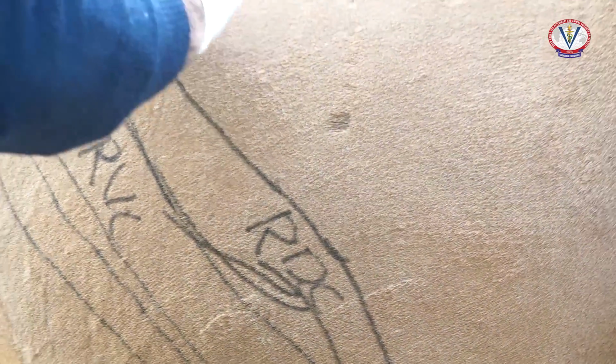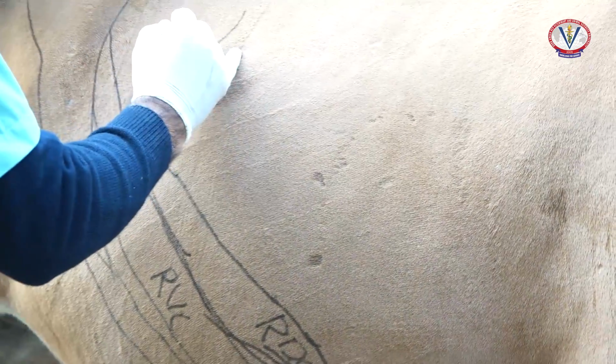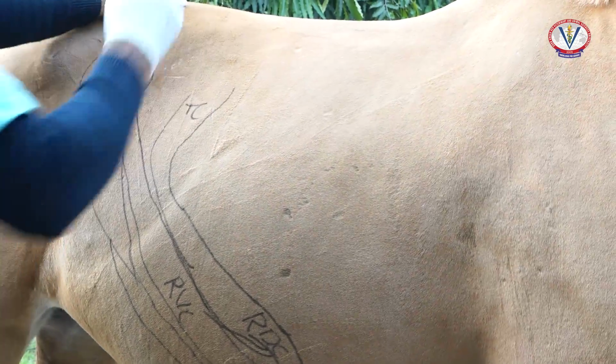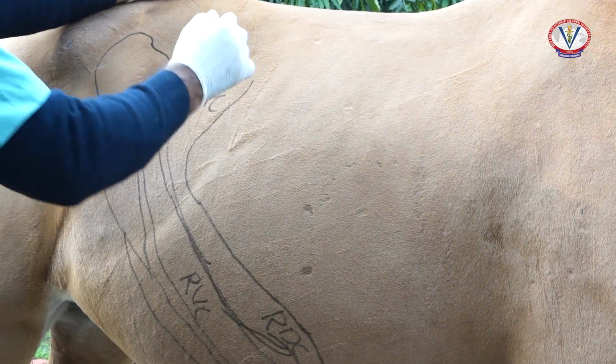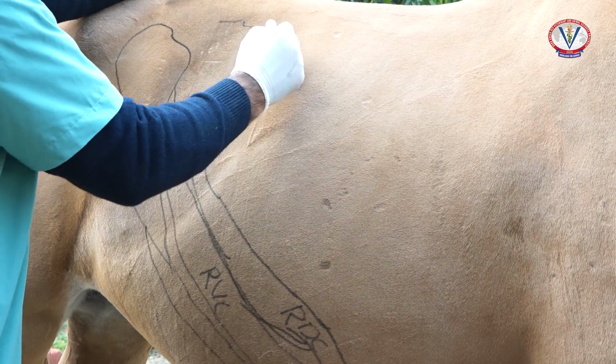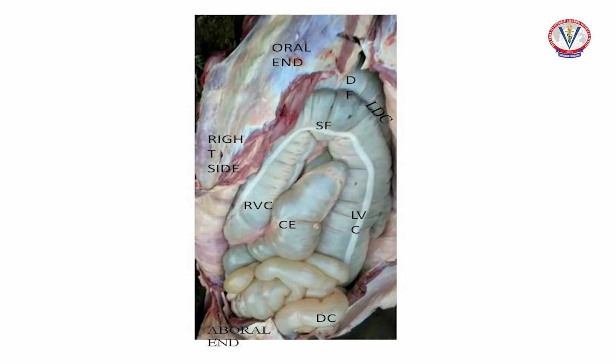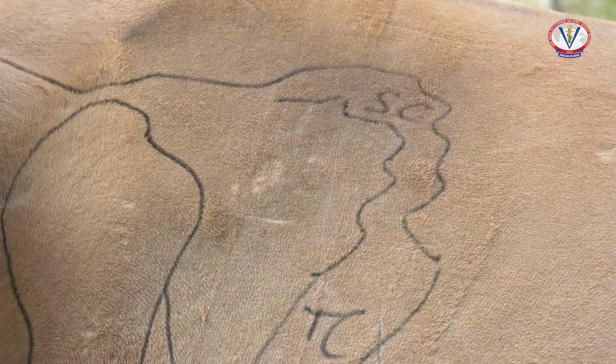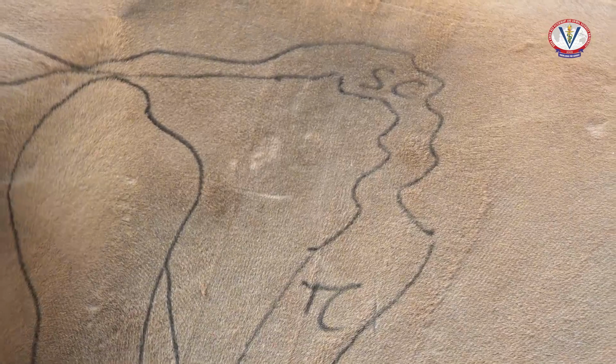This part is the shortest but widest part. It runs first caudally and is deflected medially as the transverse colon at the level of the 6th costal cartilage.